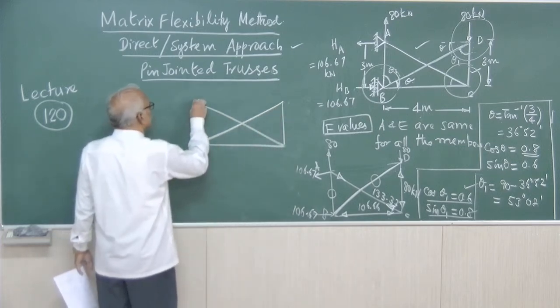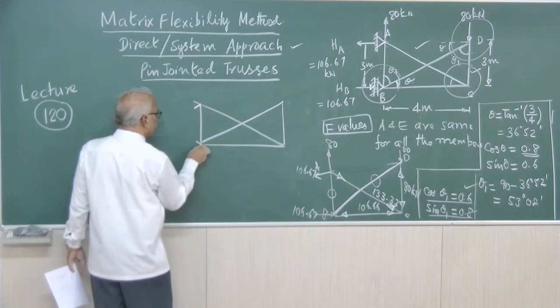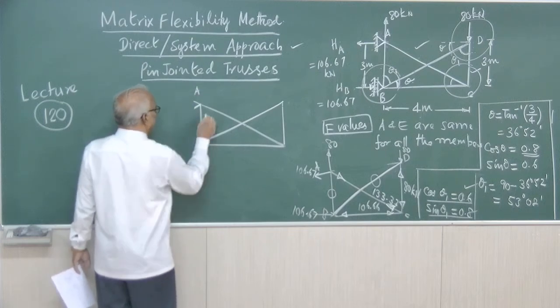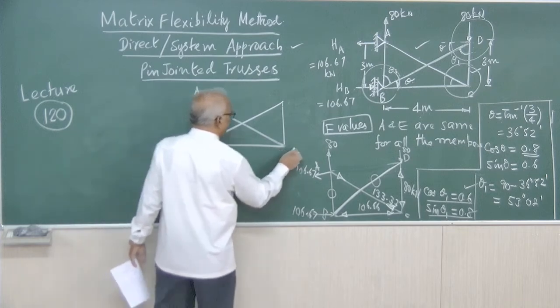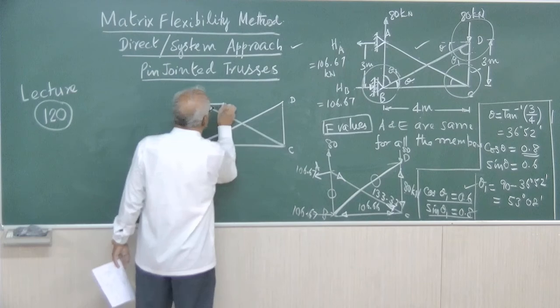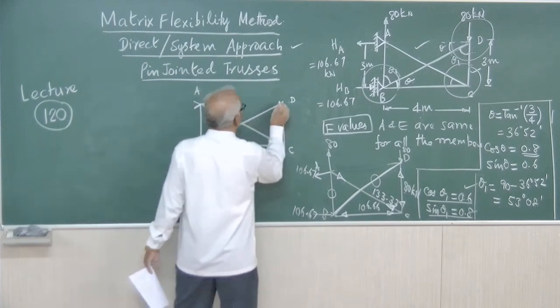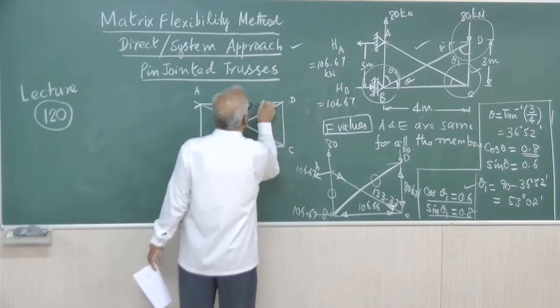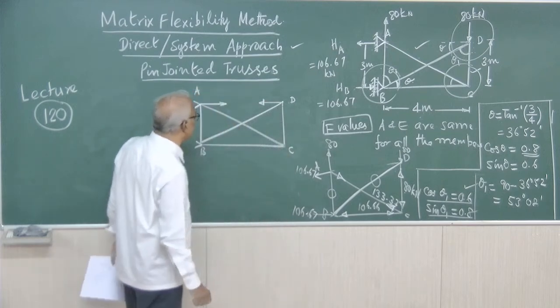So, this is the hinge, this is the roller. So, this is A, B, C and D. Now, apply unit value of the force along the redundant. So, redundant is AD. AD is treated as a redundant.